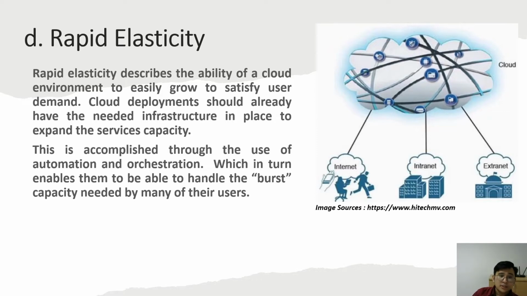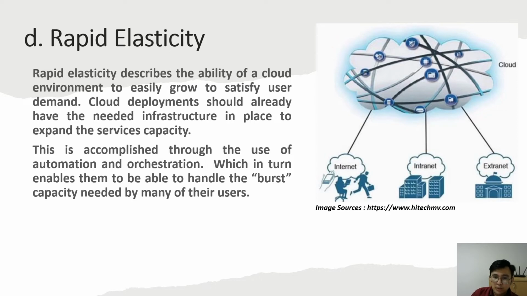It satisfies the user. And also, we need to make sure that our cloud technology is deployed in the needed infrastructure, in a place where we can expand the service, because a lot of cloud technology starts from scratch. Even from scratch, it costs a fortune.